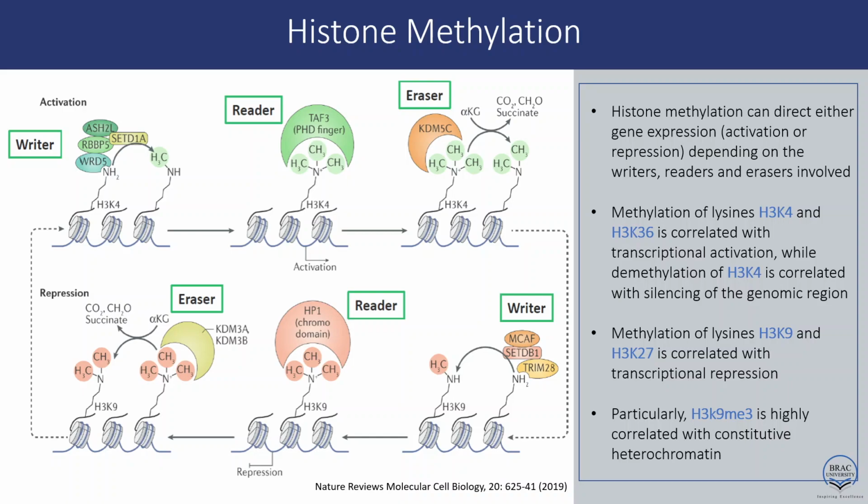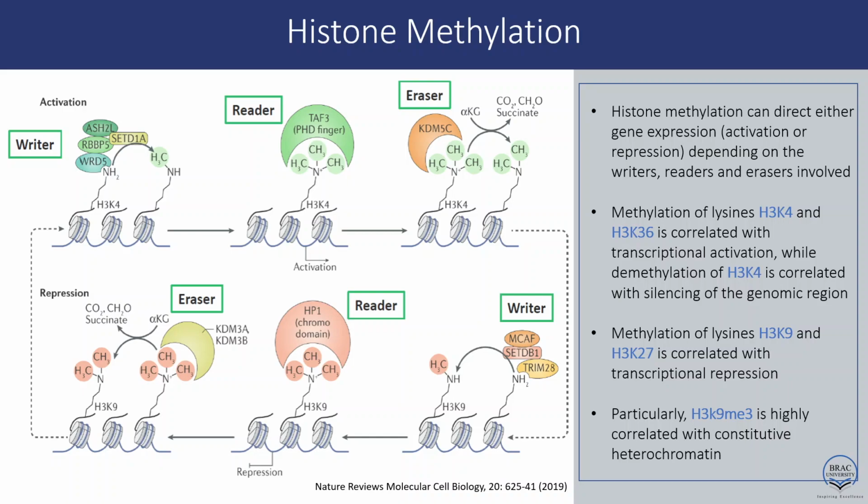It depends on the position of the methylation, which side chain, like lysine or arginine, which amino acid, which histone, and which side chain it is methylated. The location of the methylation mainly decides the function of gene expression, or the state of the chromatin or histone.